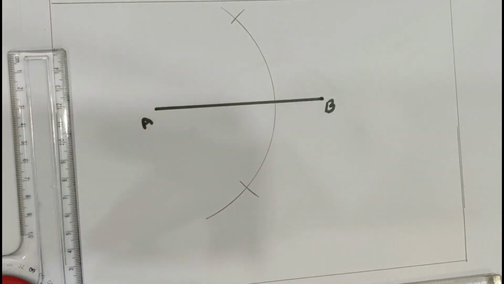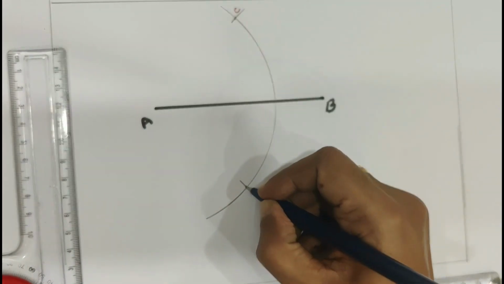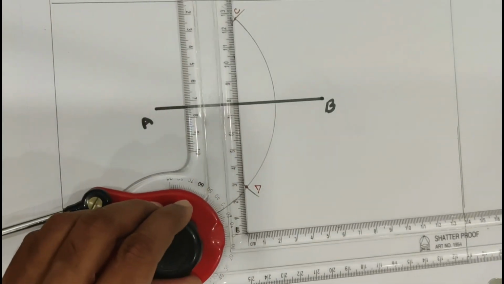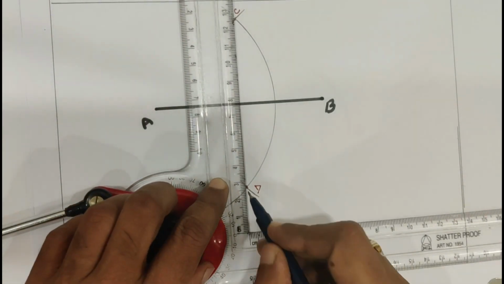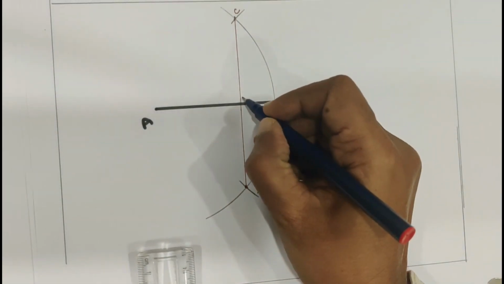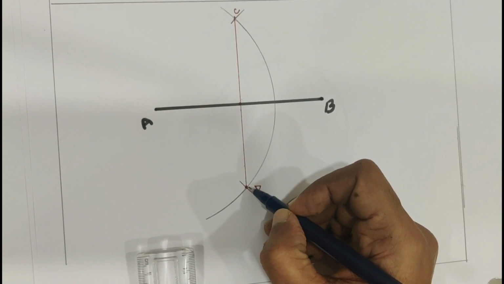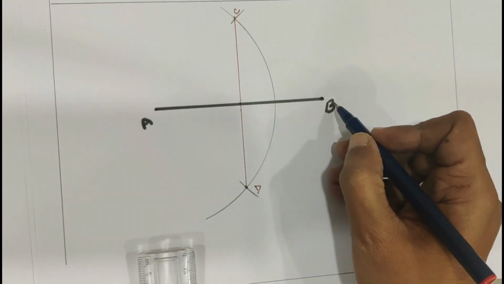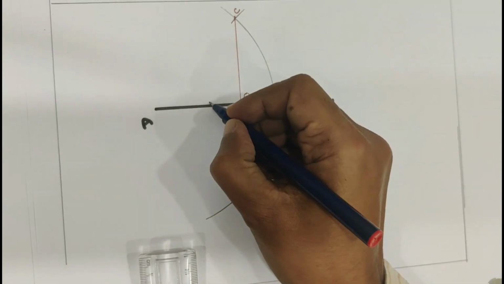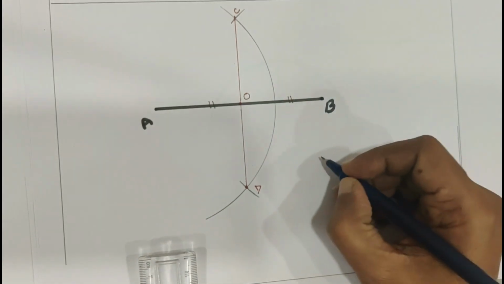After that, name this point as C and this point as D. Join CD. Name the intersection point of this bisecting line and the actual line as O. Here AO is equal to OB.